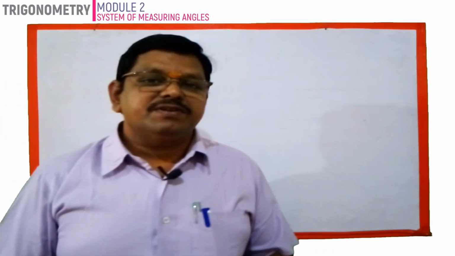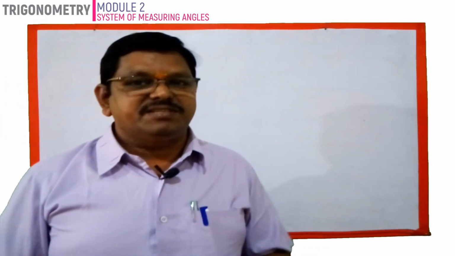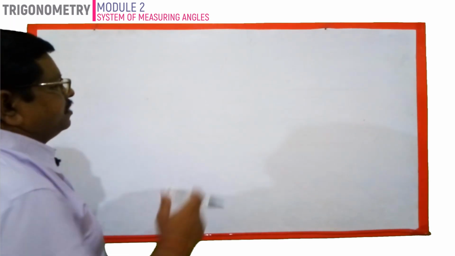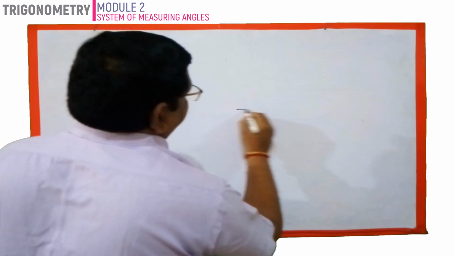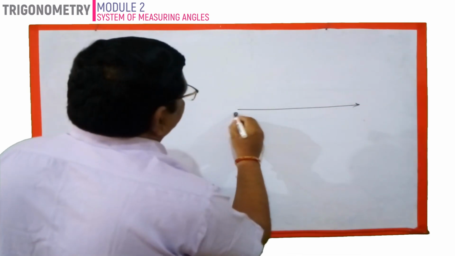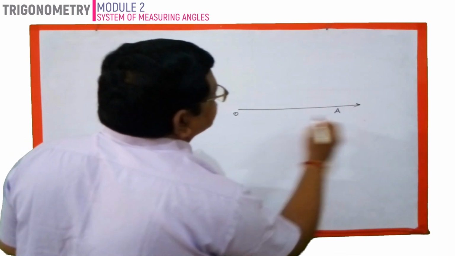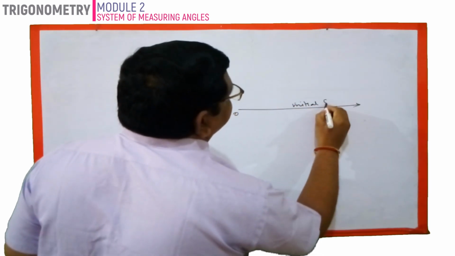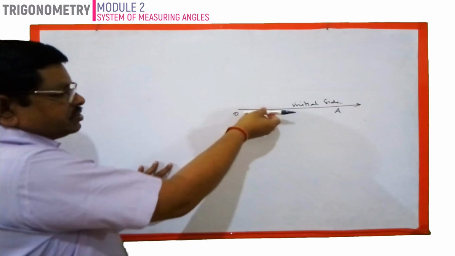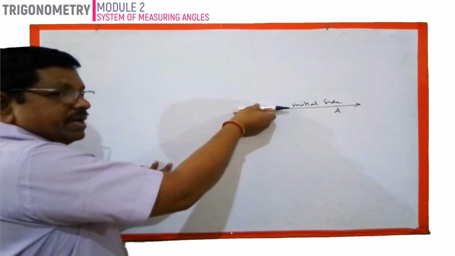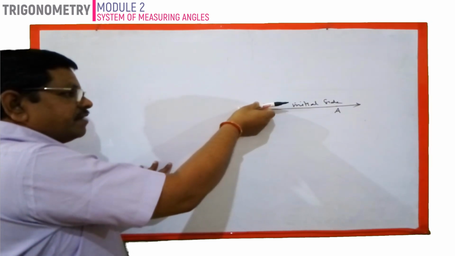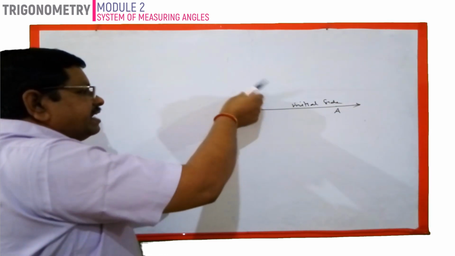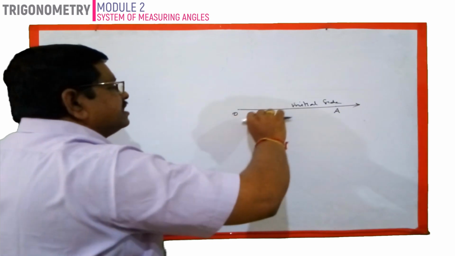Now let us take the first system, that is the sexagesimal system. In this sexagesimal system, let us take the ray. It is OA. This is called the initial side. Suppose this ray makes a complete rotation with respect to the endpoint O, and finally it reaches the same position.